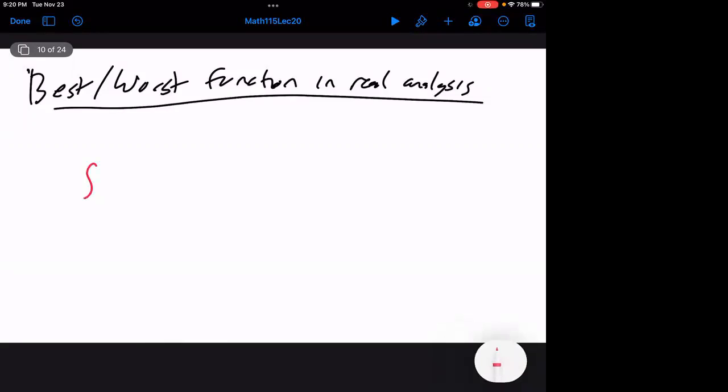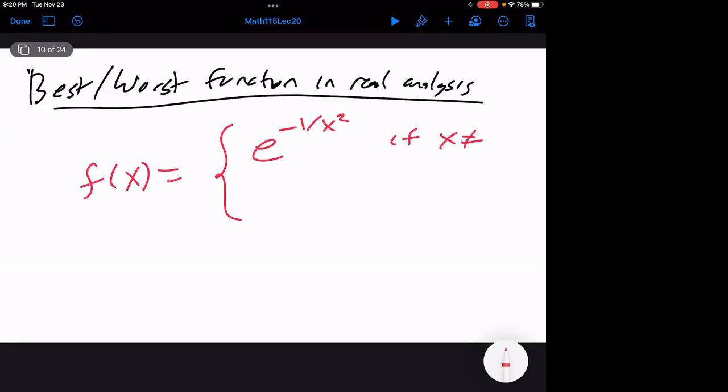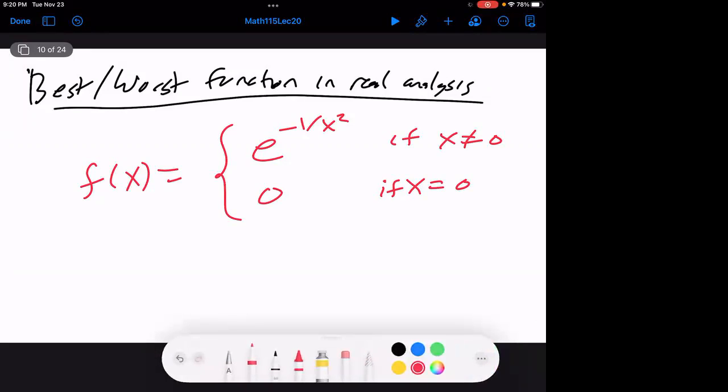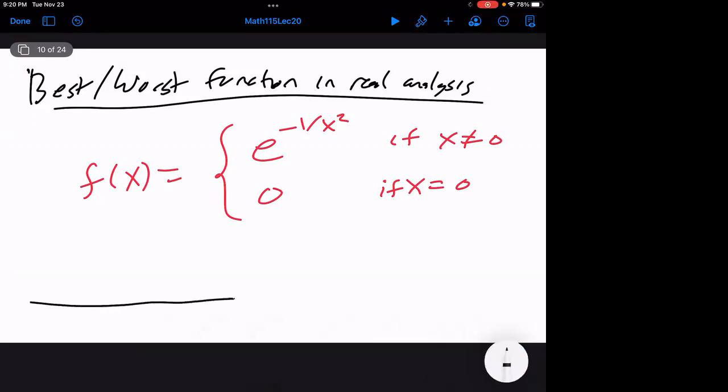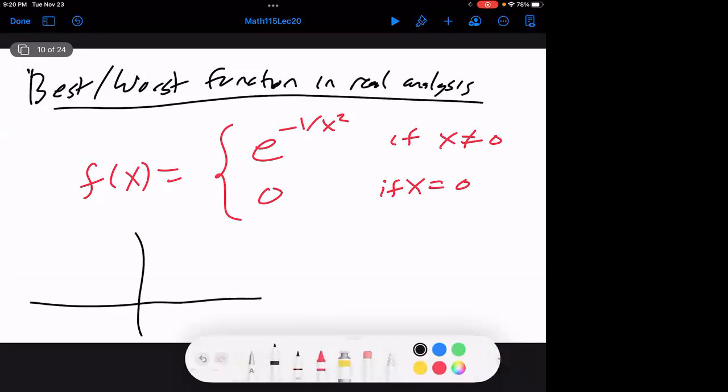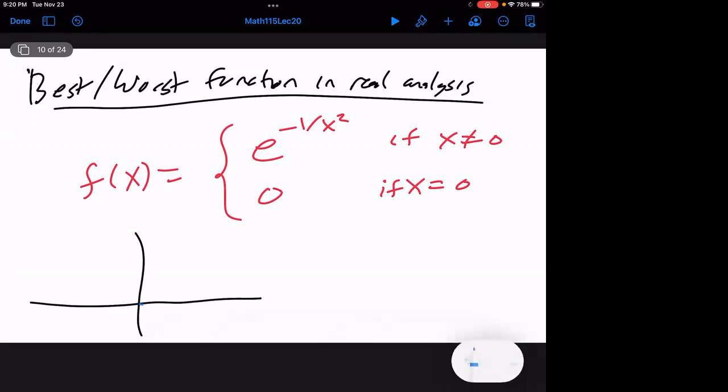So f of x is defined as the following. It is equal to e to the negative 1 over x squared if x is not 0, and 0 if x equals 0. If you were to plot this function, and again, we'll look at this later, the function is extremely flat near the origin.